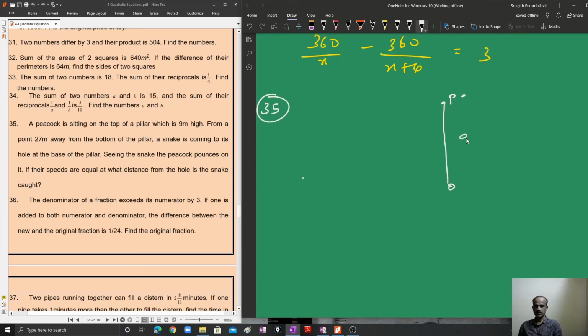From a point 27 meters away from the bottom of the pillar, PQR, this is 27 meters away. So RQ is equal to 27 meters.